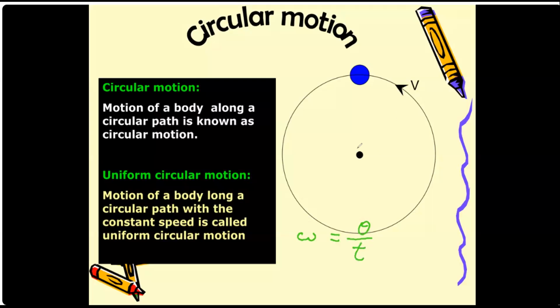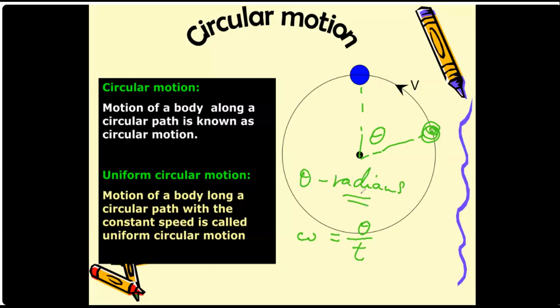So let's say you were to move from this point here to that point there on the circumference of this circle, and you have swept out theta. Whenever you're dealing with circular motion, theta is measured in radians.